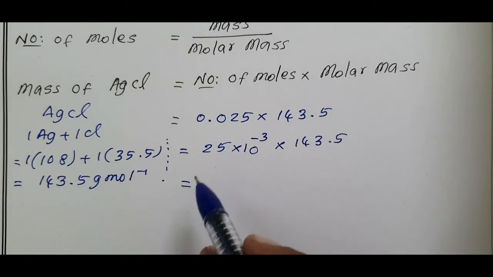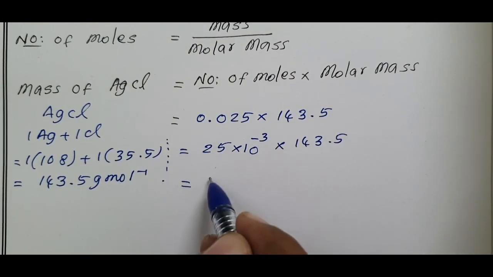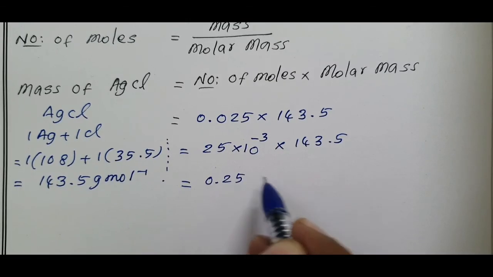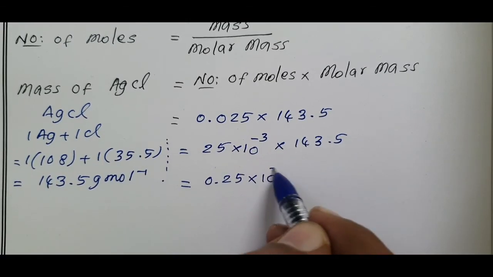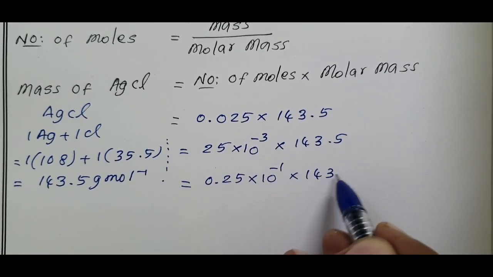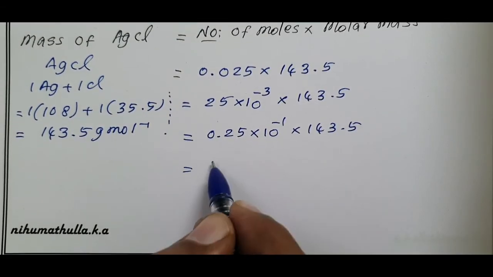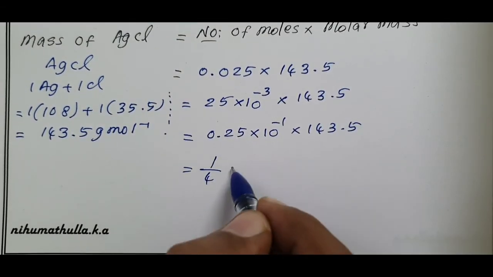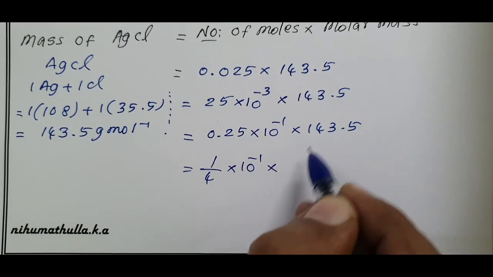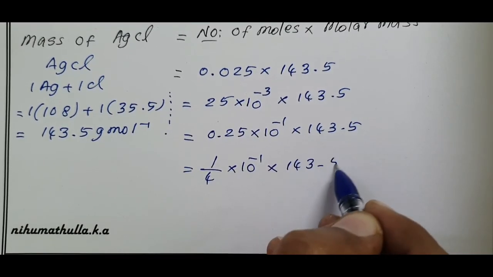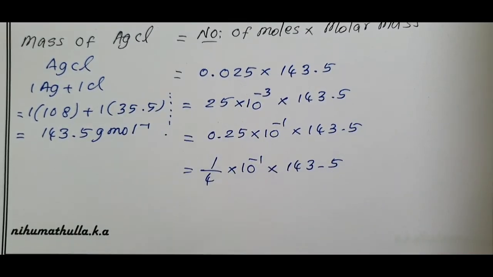Instead of writing 25, if you write 0.25 into 10 power minus 1 into 143.5, we can cancel easily. 0.25 is nothing but 1 by 4, into 10 power minus 1, into 143.5.